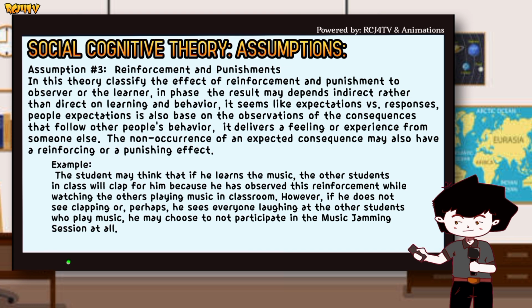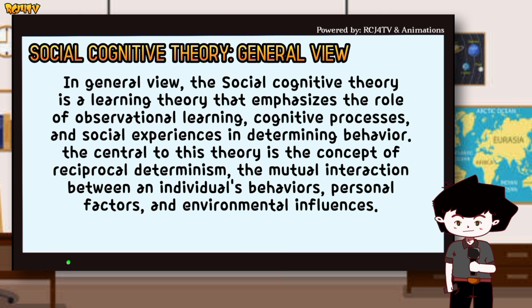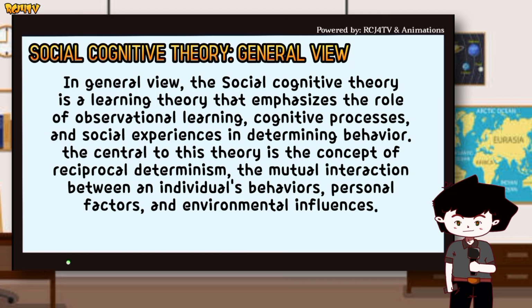In general, social cognitive theory is a learning theory that emphasizes the role of observational learning, cognitive processes, and social experiences in determining behavior. Central to this theory is the concept of reciprocal determinism, the mutual interaction between an individual's behaviors, personal factors, and environmental influences.